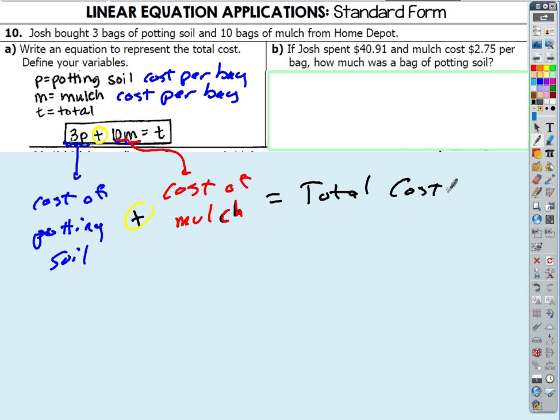So how about this second one here then? If we know that Josh spent $40.91 and the mulch cost $2.75 per bag, how much was a bag of potting soil? So what does this represent, $40.91? T, good, total cost, right? So there's a value of T. What does the $2.75 represent? Mulch, okay, good.